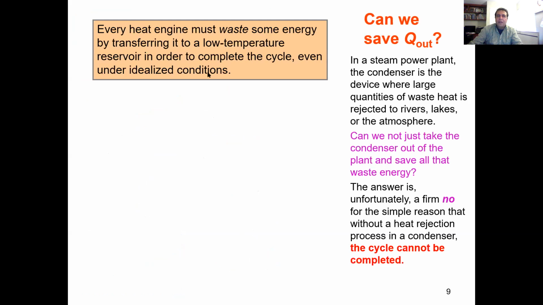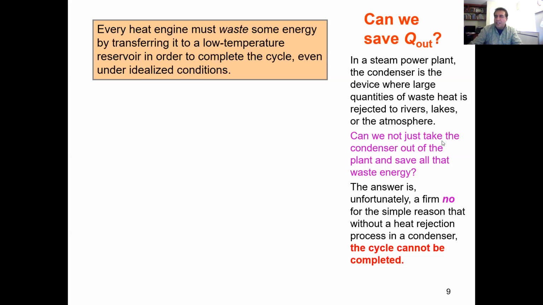Every heat engine must waste some energy by transferring it to a low temperature reservoir in order to complete the cycle, even under idealized conditions. In a steam power plant, the condenser is the device where large quantities of waste heat are rejected to rivers or lakes or to the atmosphere.